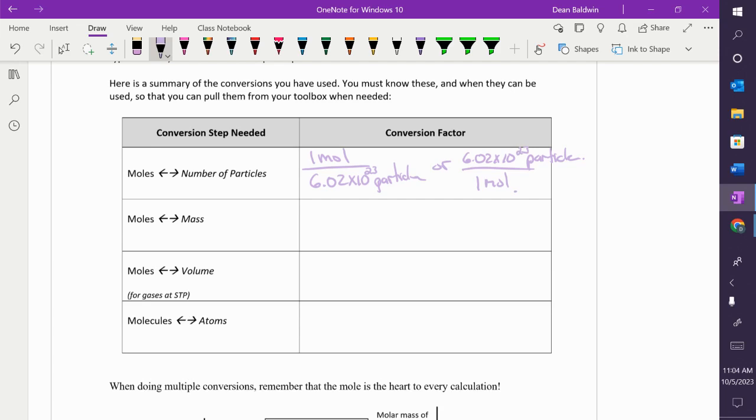That was the molar mass, which is in grams per mole, or depending what you want to solve for, 1 mole is the molar mass, mm, in grams.